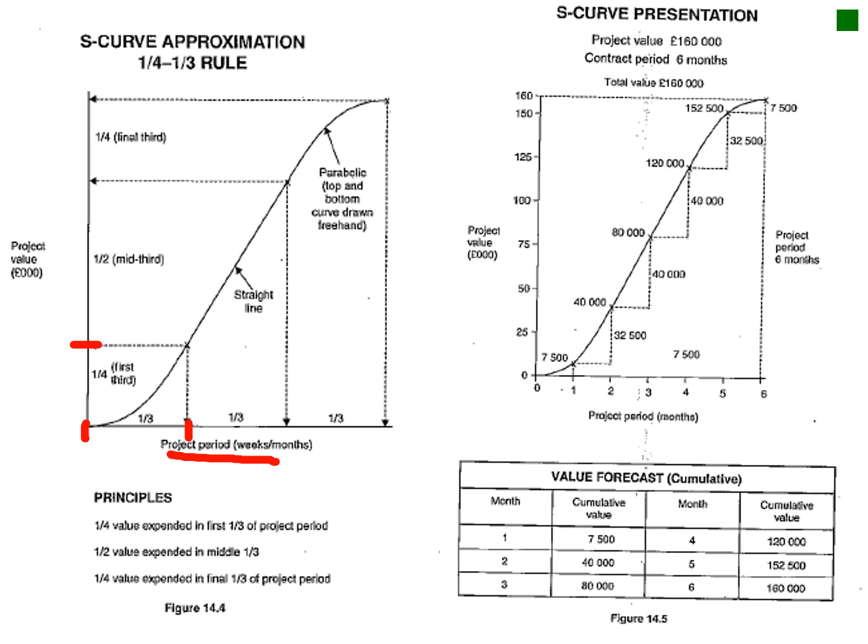Your cash flow will be a quarter. In your second third of your project, you will spend half of your project value, and then in your last third you will have the last quarter of your project cost flowing out. Okay. Then your S-curve representation, present value is 160,000.